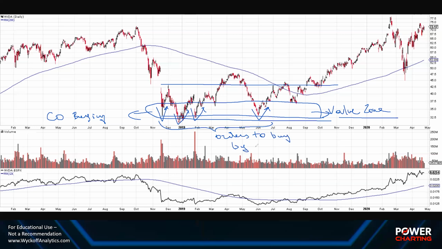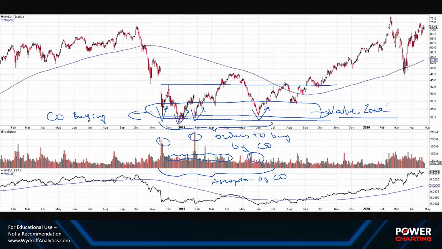So as prices are falling, you can see volume is high, and that is the weak holders giving up stock, giving up their ownership, and the institutions absorbing that. And they're going to absorb it in such a way that they will not create demand that's going to drive the stock price up on themselves. They will never work against their best interests, which is to buy at value, bargain-basement prices.